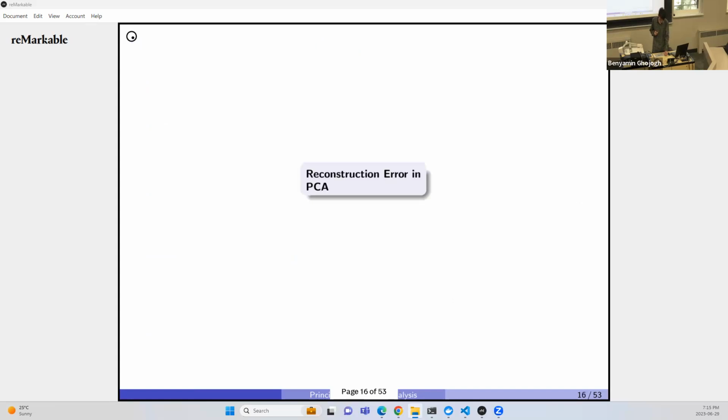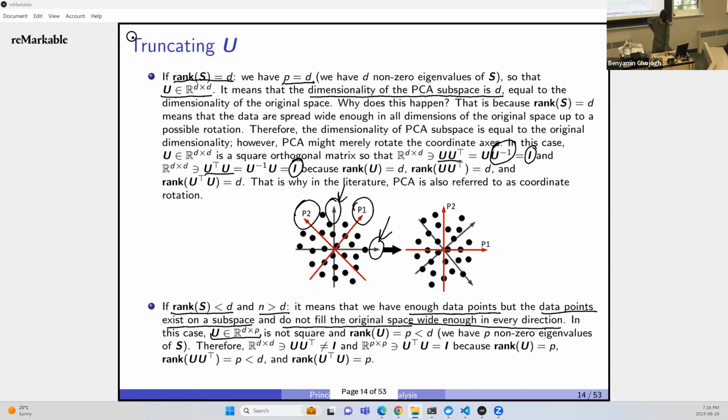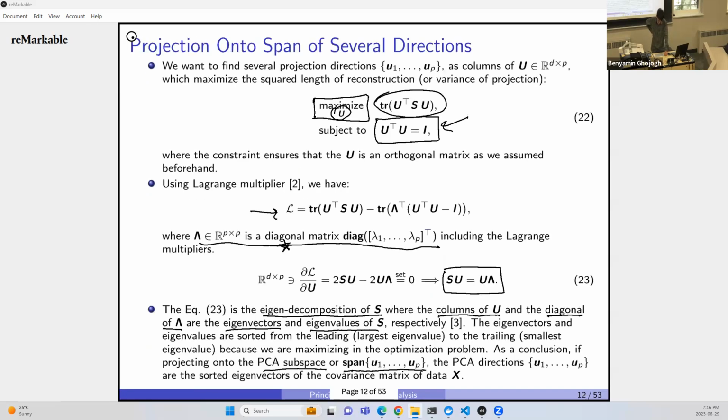We solved it, equation 23. U is the eigenvectors of S. And what was S? The covariance matrix of data in the input space. So far clear?